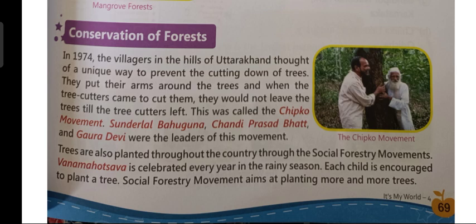Van Mahotsav is celebrated in the first week of July every year during the rainy season, and during this time, each child is encouraged, motivated to plant a tree, and this social forestry movement aims at planting more and more trees.